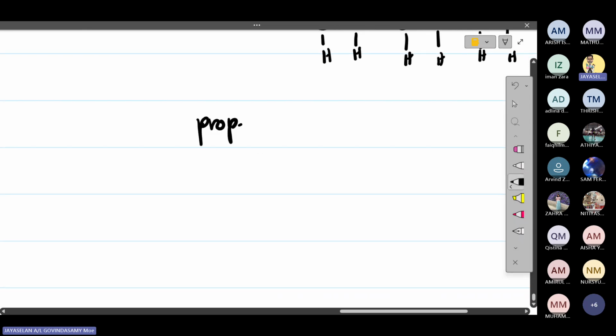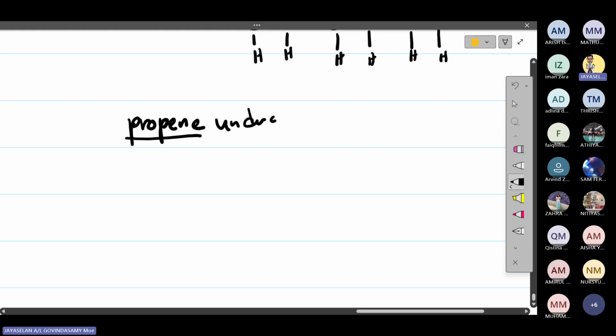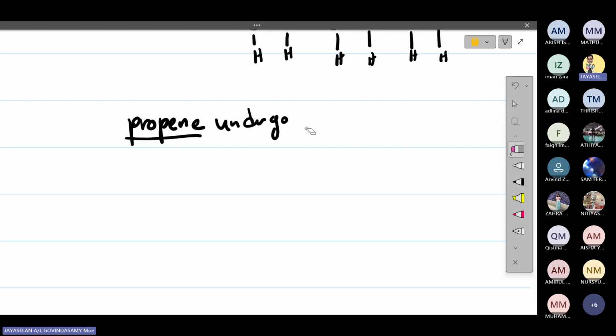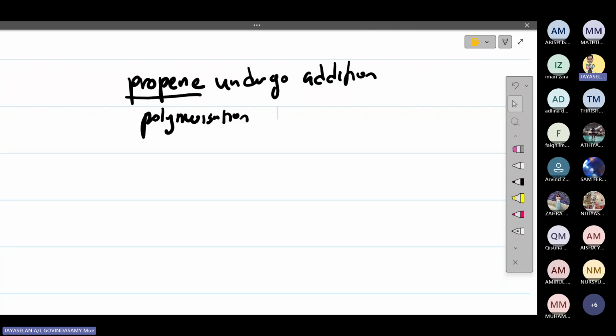Now we do the next one, propene. Propene undergoes addition polymerization. Write down the chemical equation. Copy down this. We do together.